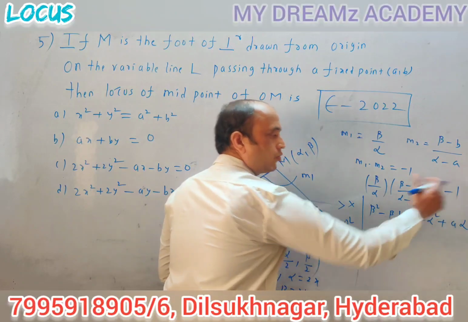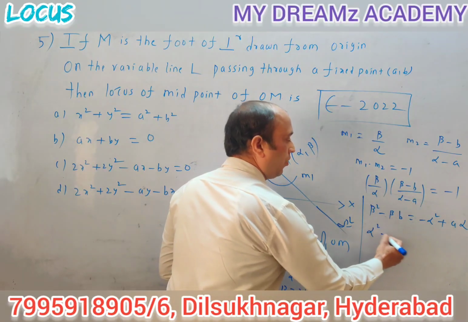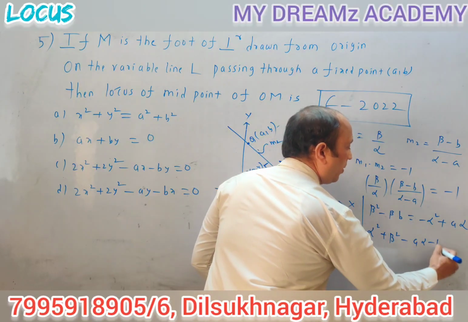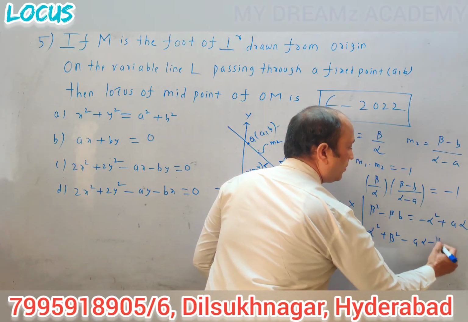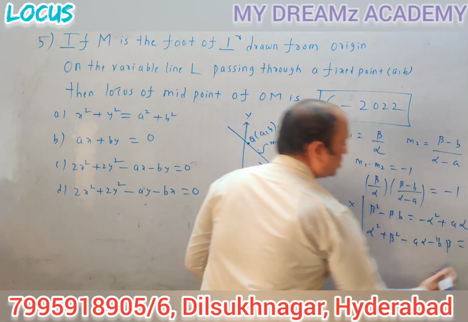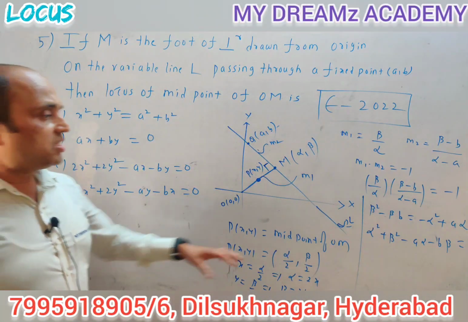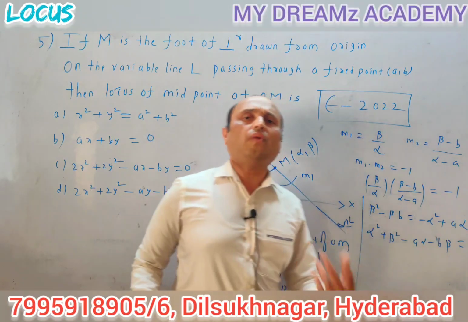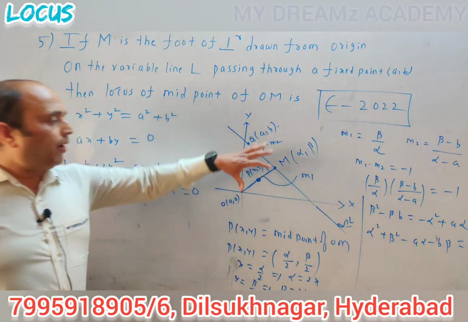Bring all terms from RHS to LHS: alpha square plus beta square minus a alpha minus b beta equal to 0. But this is not yet the locus, because we want to find the locus of the midpoint of OM.